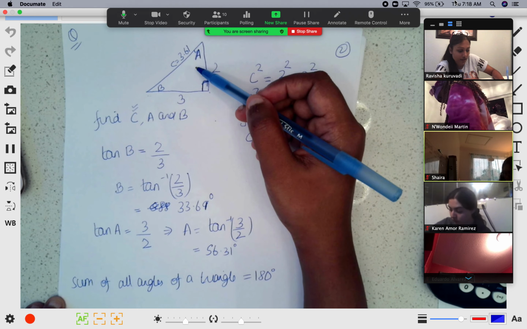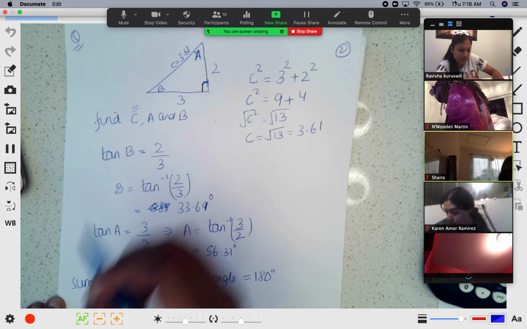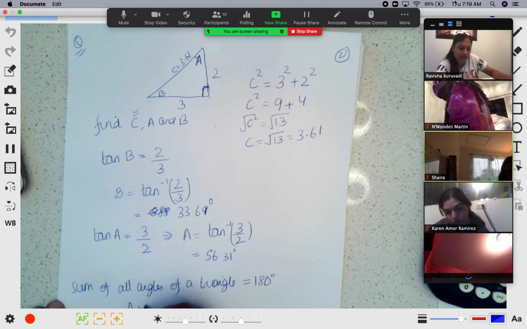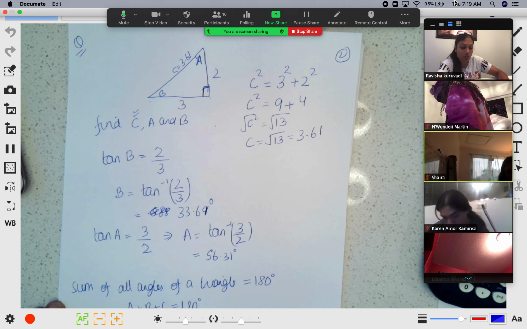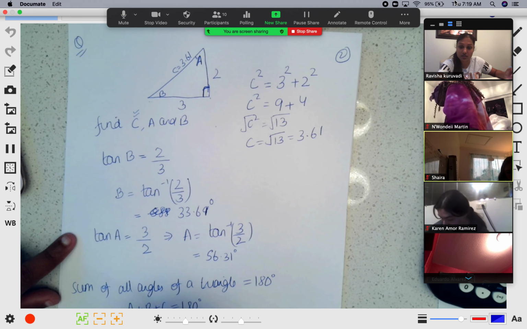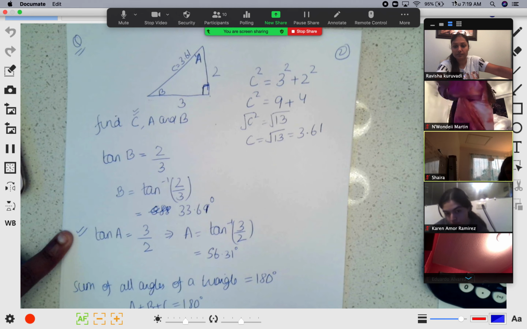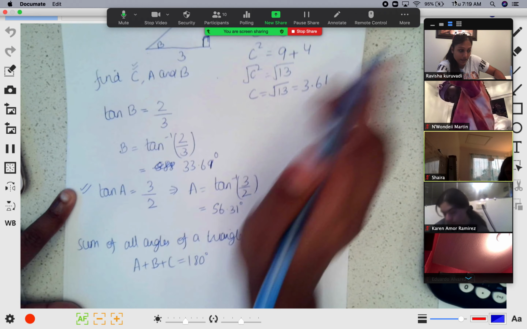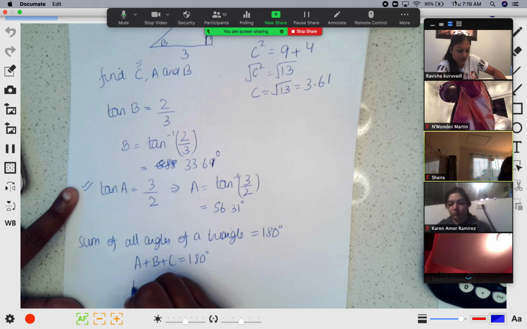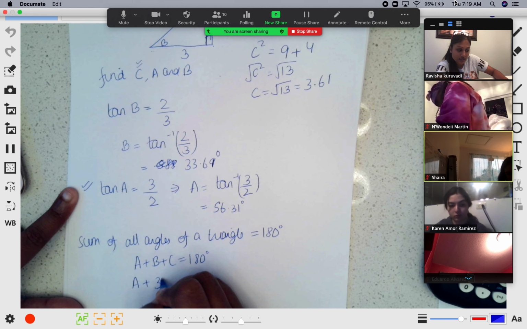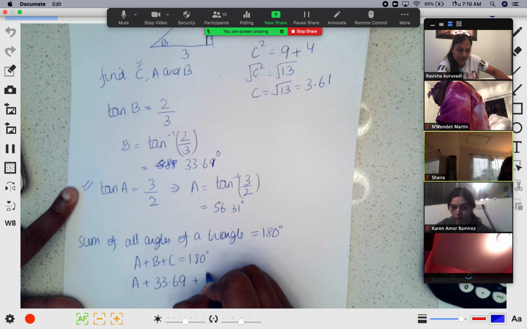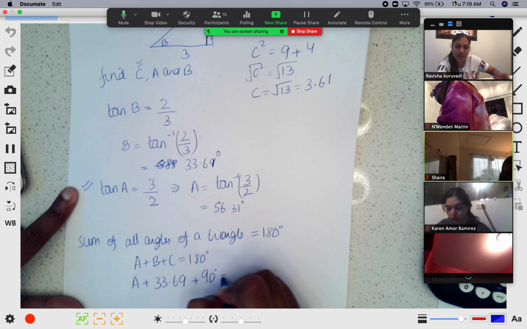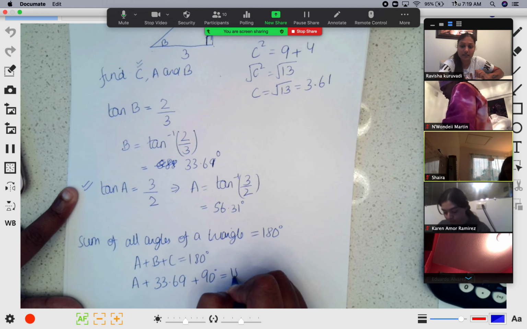I knew A plus B plus C is equal to 180 degrees. If I don't want to do this step, you could have used this step to do it. A, we don't know, we were finding A. B, we just found as 33.69. C, we know is 90 degrees. You could have used this formula and found your angle A.